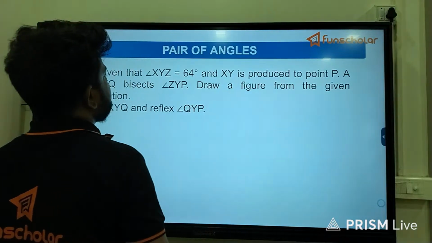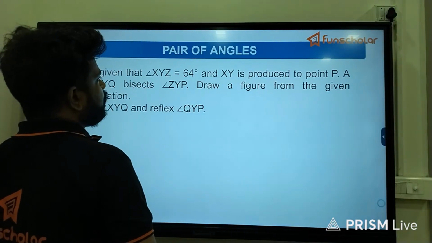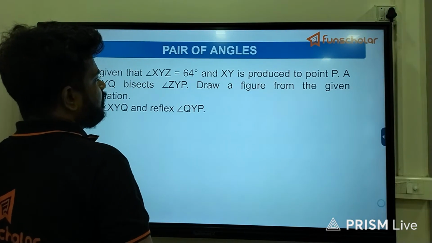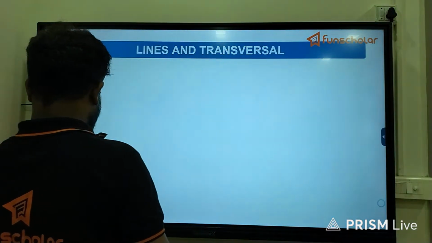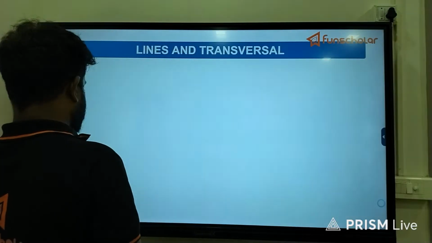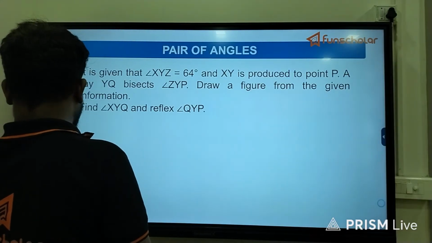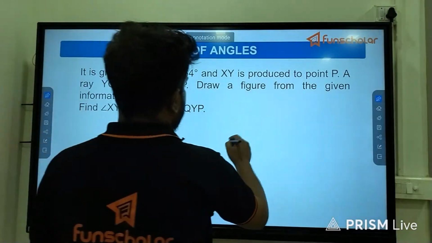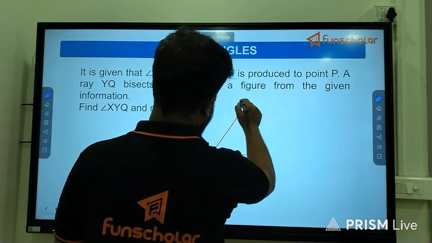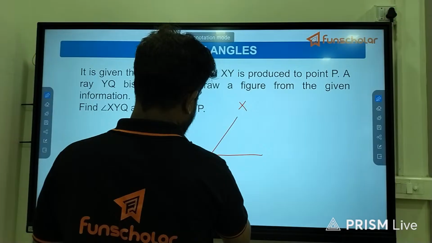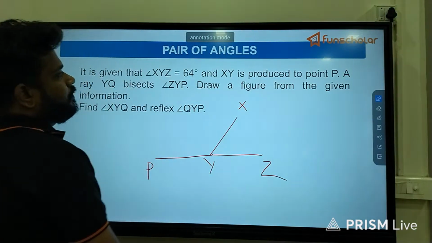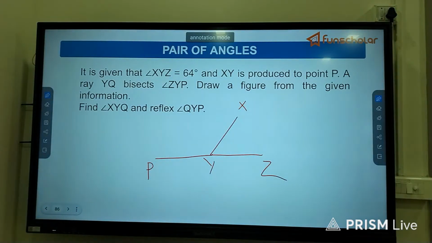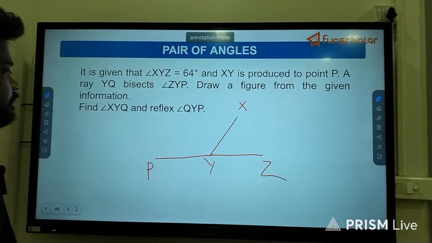So XYZ is 64 degrees and XY is produced to point P, ray YQ bisects ZYP.